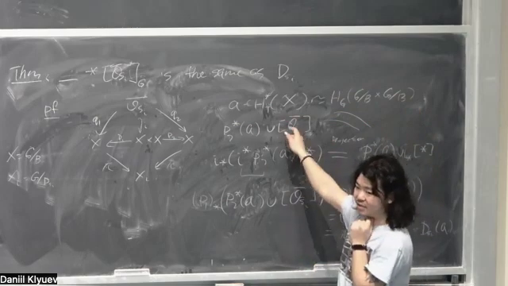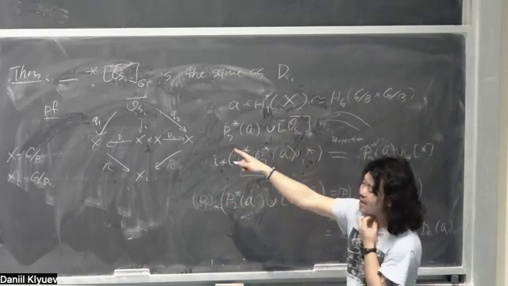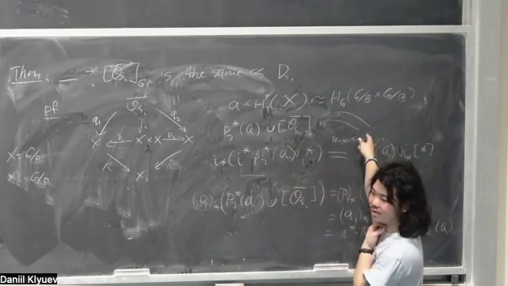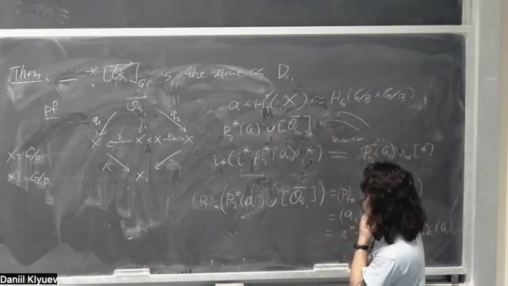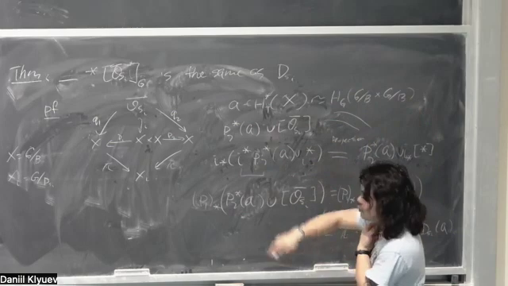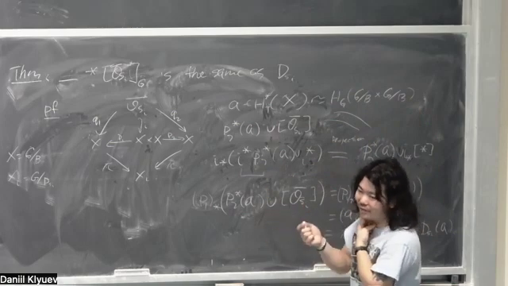So I'm taking a class here and then applying convolution with this class, which also lives in this. So the fundamental class is T equivariant. The fundamental class is G equivariant, which is definitely T equivariant.